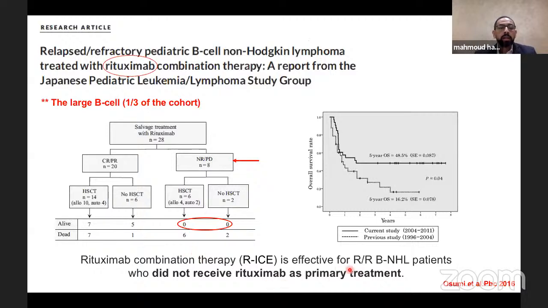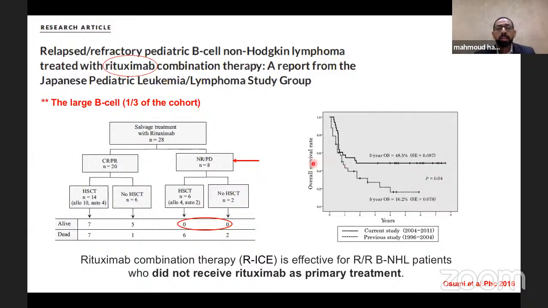Other studies, like the Japanese lymphoma study group, found that rituximab had a very good survival outcome compared to those who didn't receive rituximab at the time of relapse, with a very good 5-year outcome of around 50%, which is higher than a lot of other studies.